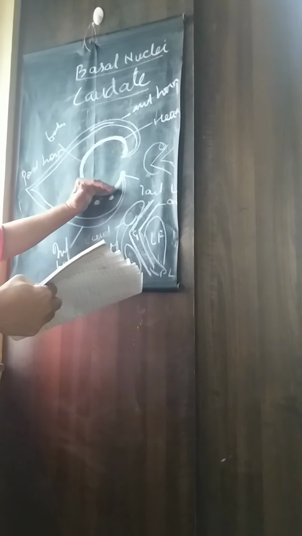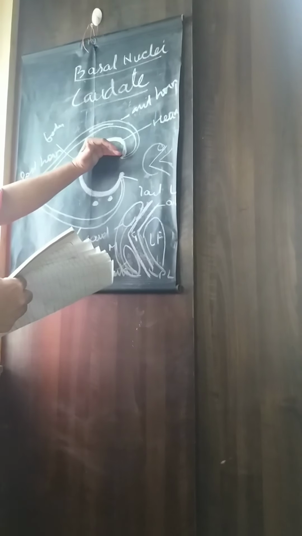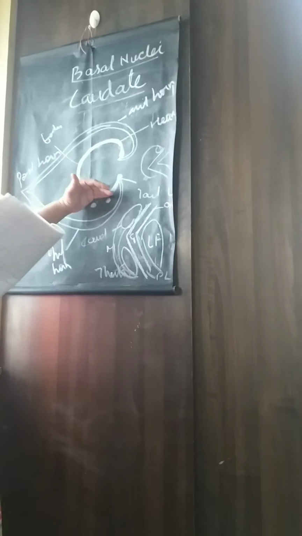So what will happen? The tail forms the roof of the inferior horn of the lateral ventricle. Here the anterior horn lies up and the caudate nucleus lies below, so you say this is the floor, this is up and this is down.